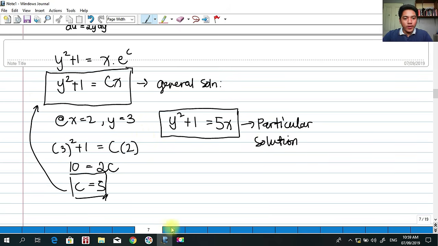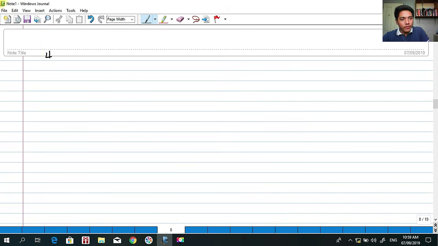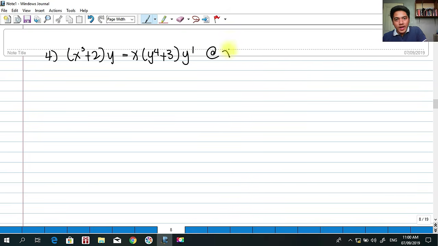Okay, so for another example, we have number 4, still a variable separable DE. We have x cubed plus 2y equals xy raised to 4 plus 3, y prime, at a given condition that x equals 1 and y equals 1. So again, same first step.